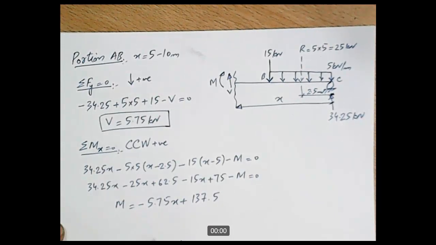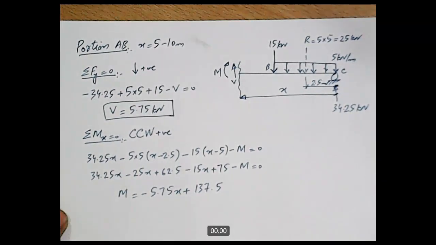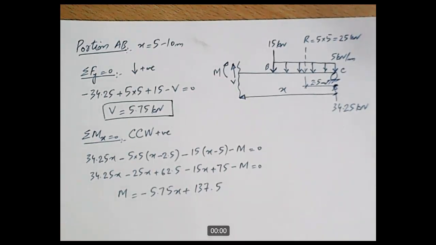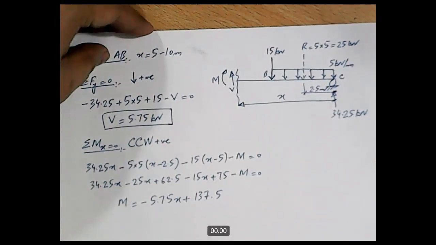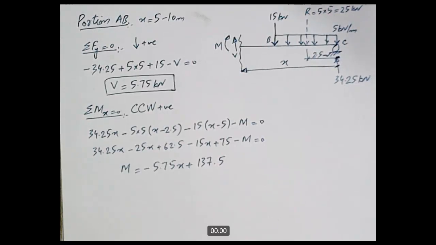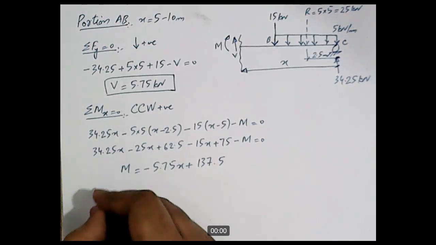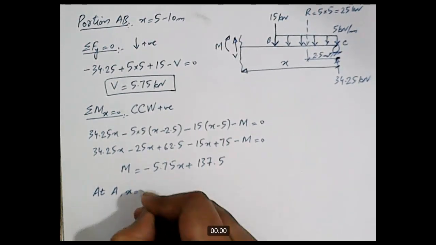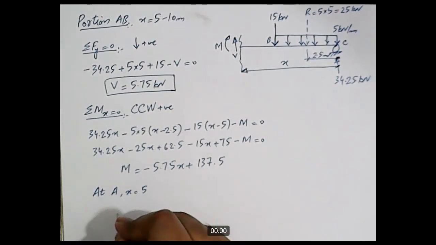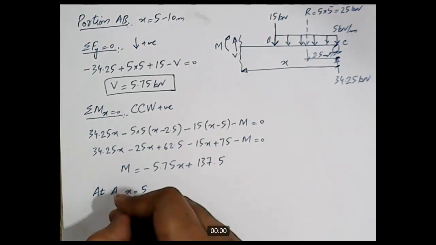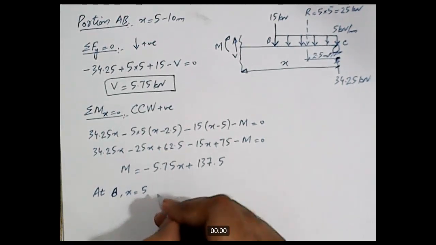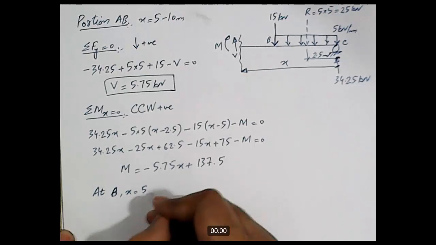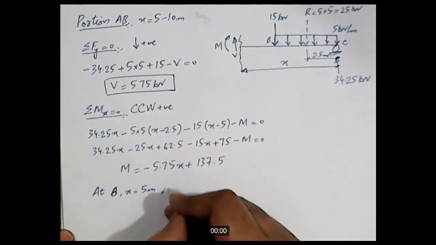And as this equation has x in it, it means we need to calculate the value of bending moment separately for point A and point B. So let's calculate those values. Let's calculate it for B first. So at B, x is equal to 5 meters.